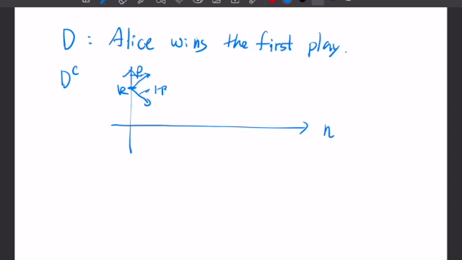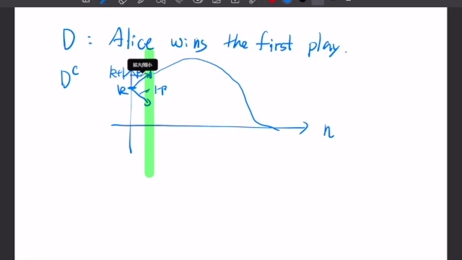Okay? Then forget about the first play and think about the probability of ruin starting from this point. So if the first play was won, then the starting point is k plus $1. So starting from k plus $1, what is the probability of ruin of Alice?